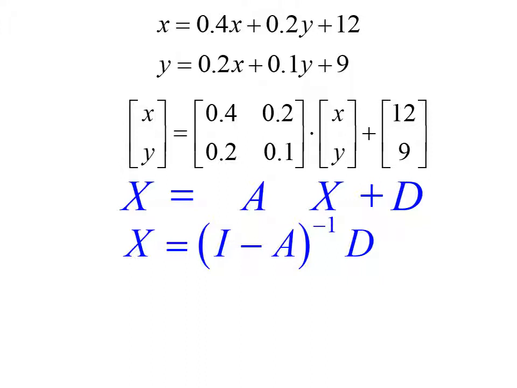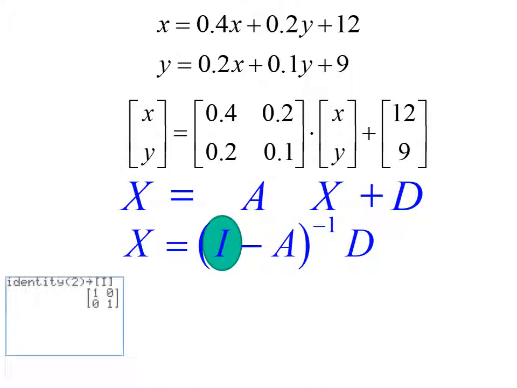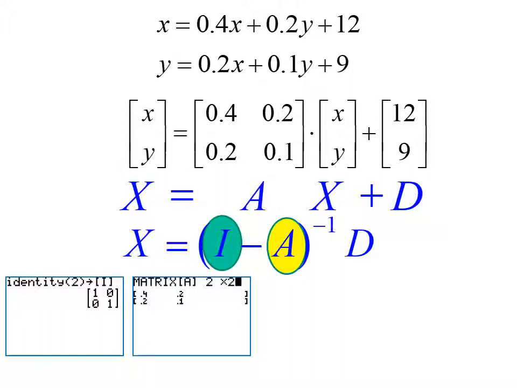The I matrix in this problem would be the 2 by 2 matrix that would have 1s in the main diagonal and 0s everywhere else. We'll type that into our calculator as matrix I. The A matrix is what we have labeled as A up above. We'll type that into our calculator. The D matrix, that's the 12 and the 9. We'll type that into our calculator.